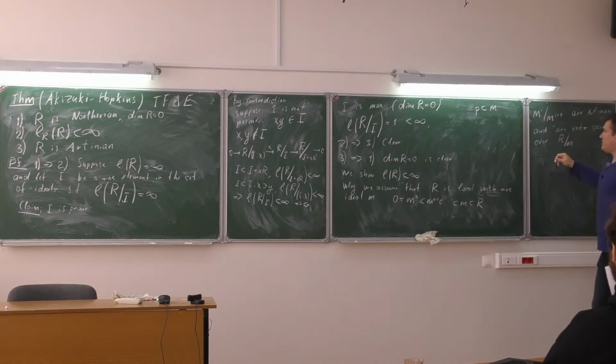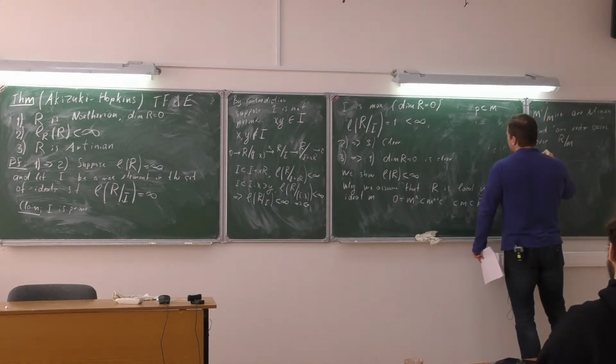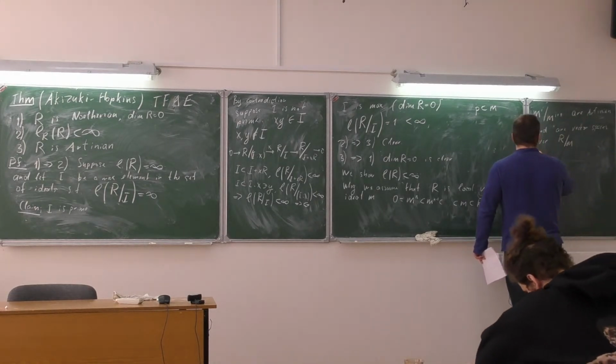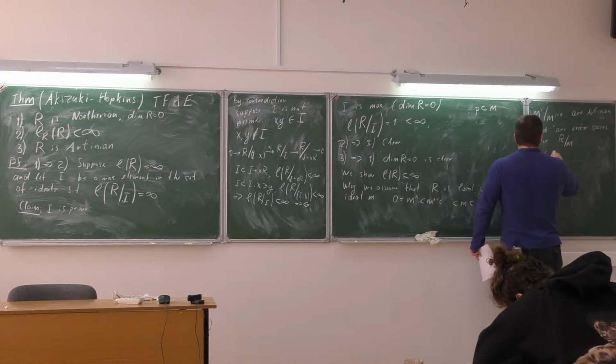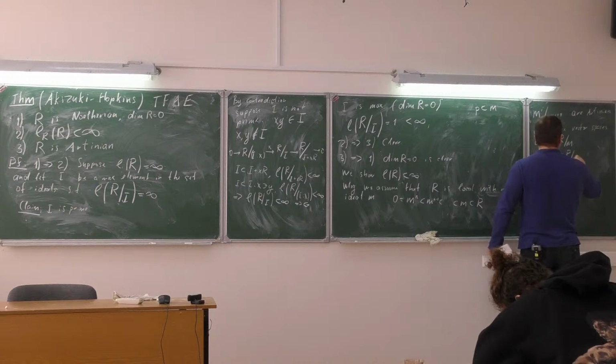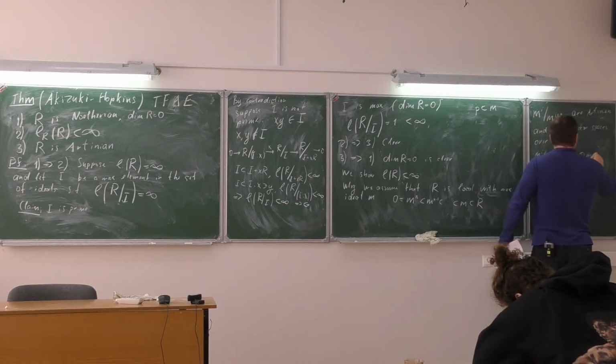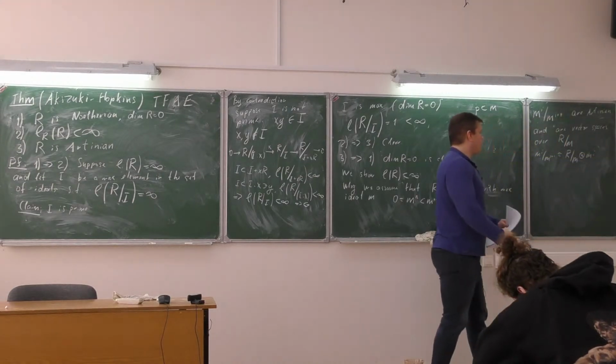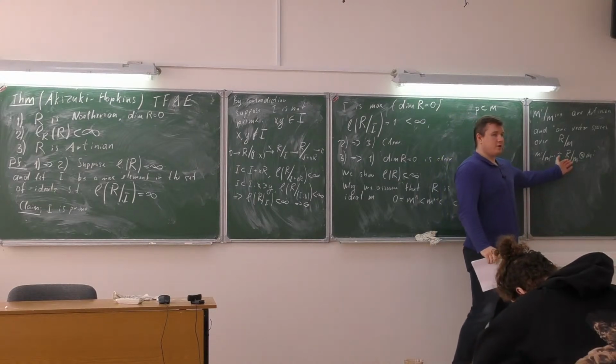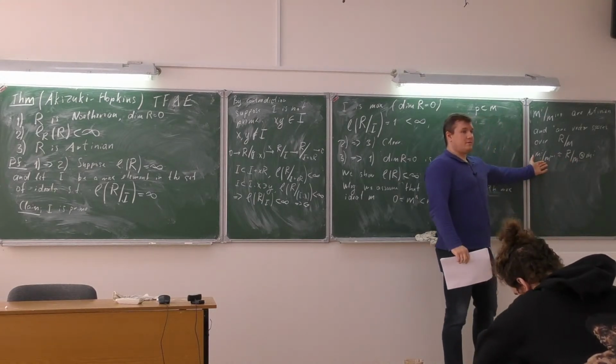Or you can use the little observation we proved about the tensor product, and see that this quotient is isomorphic to R modulo M tensor M^i. We know how to compute such quotients with a cyclic module. If you do this, you get exactly this thing.